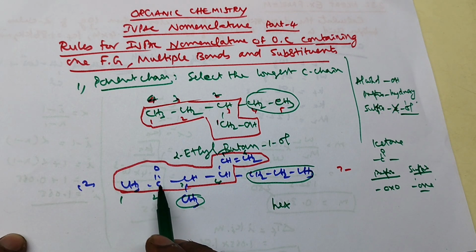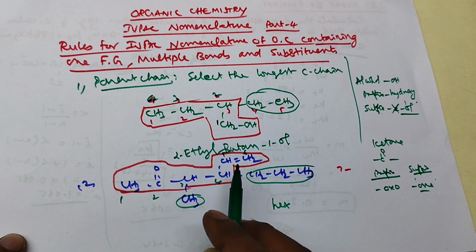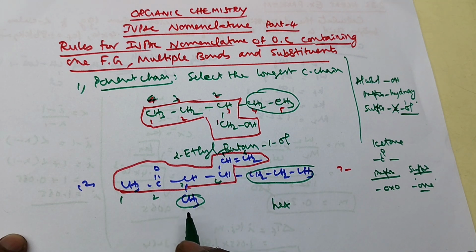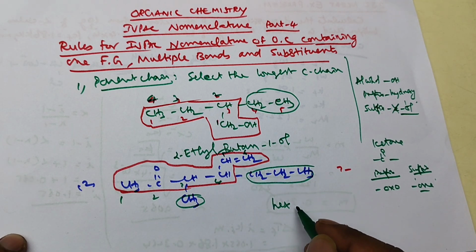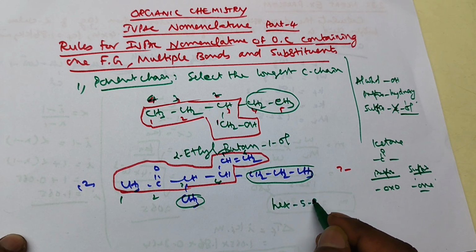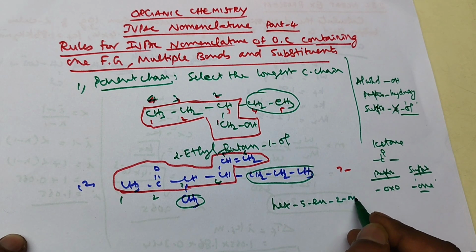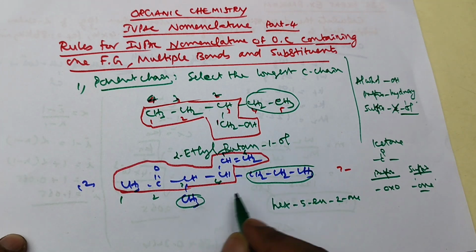So numbering 1, 2, 3, 4, 5, 6. In this case, hex-2-one, and at 5 we have a double bond, so you have to say hex-5-en-2-one. And these two are substituents.